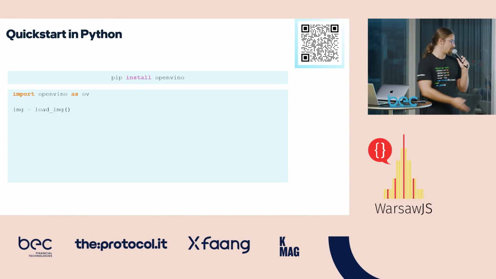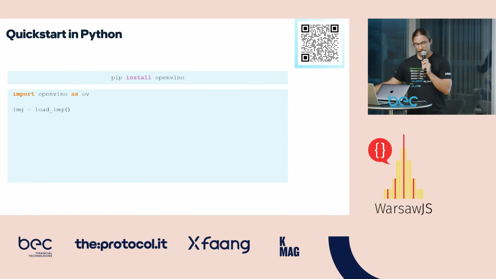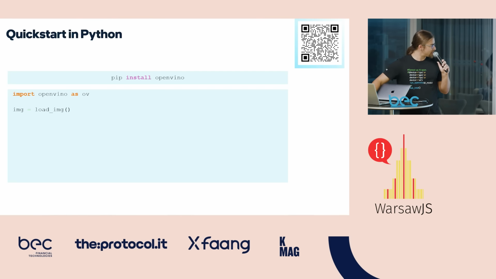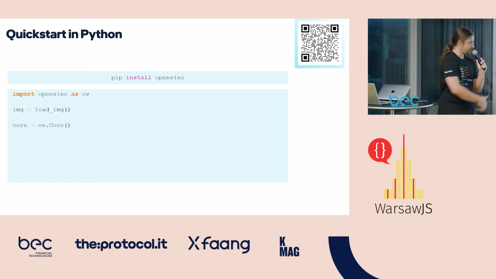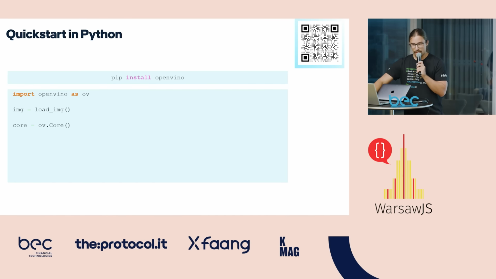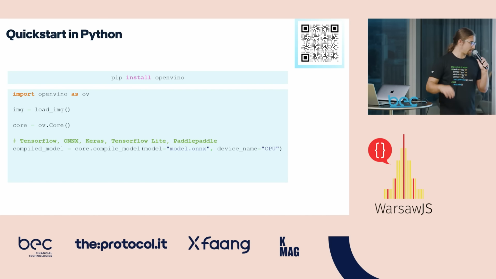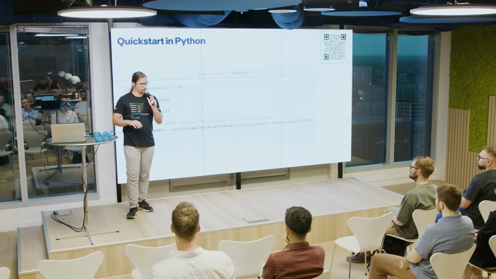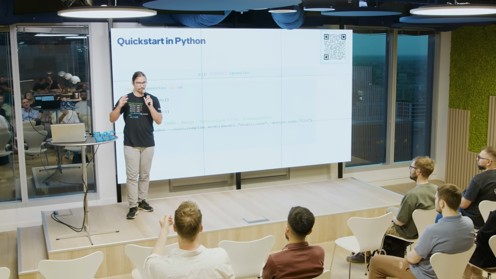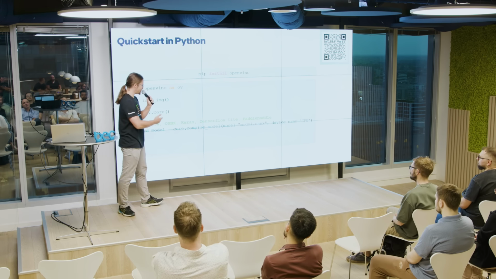If it's computer vision, it's of course an image, but if it's an LLM, then we need some prompt. But here, as an example, let's have an image as an input. Later, we define the core, and we compile a model for the specific architecture, because in OpenVINO we have different compiled models for the specific device.